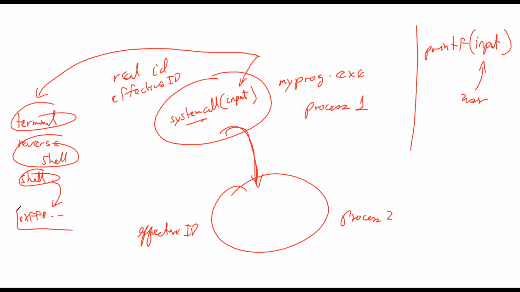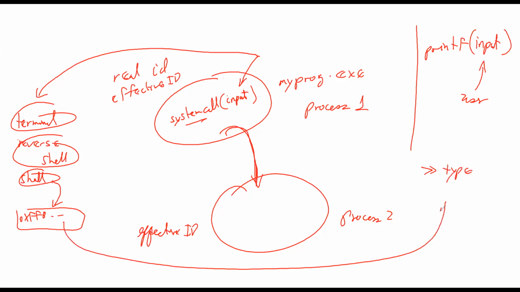Once I have that in hex, whenever I get an opportunity on the terminal to type something, guess what I'm going to type? I'm going to type that in there, which will go in here, gets a system call, and now you spawn a process that can be whatever you want it to be, like a reverse shell. And so this is how you get a reverse shell.